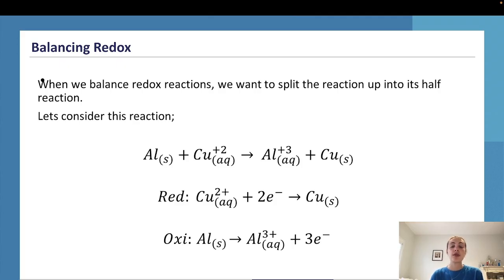And so if they're in the same reaction, there's not an equal transference of electrons. So we need to make sure that it's balanced so that the amount of electrons that are being lost by the oxidation is the same as the amount of electrons that are being gained by the reduction. Because remembering that oxidation reduction with redox reactions is the sharing of electrons.